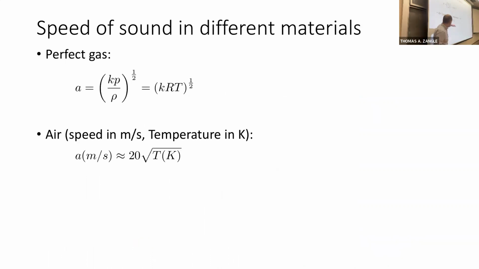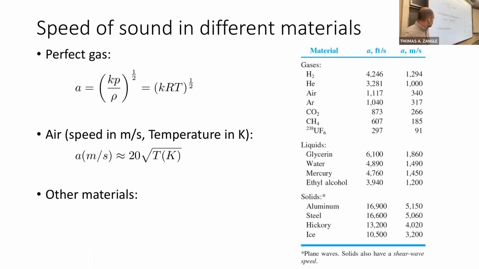For air, this is often convenient. For other materials, the temperature needs to be specified here. I believe it's at 20 degrees C, but I have to check. For other materials, we can see the speed of sound is generally going to be lower in gases than in liquids than in solids.